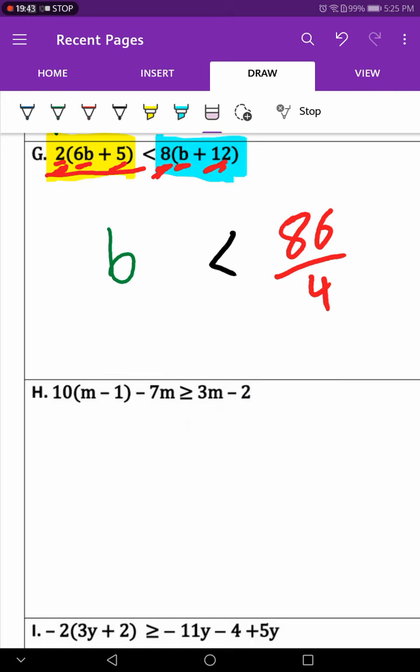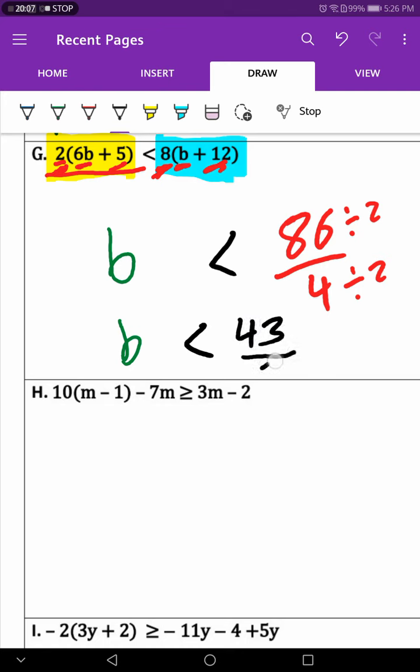Or I can just simplify it. Divide by 2 and divide it by 2. So the b comes down, and b is less than 86 divided by 2, it is 43, and this by 2, it is equal to.